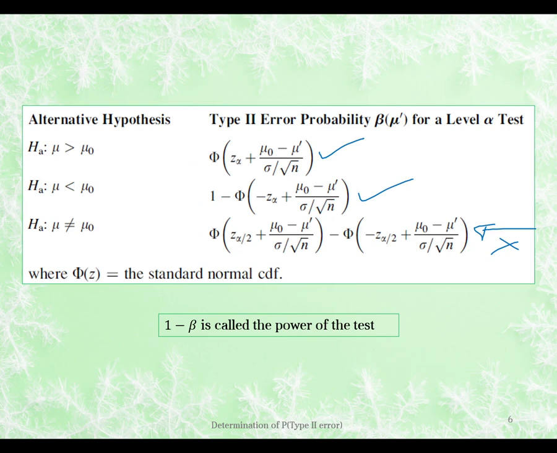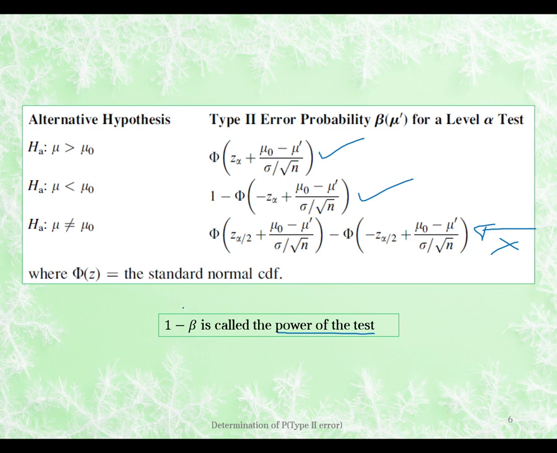Then one extra little bit of information: if we say 1 minus beta, that is called the power of the test. That is a very important concept in statistics as well. If you think about it, beta is the probability of not rejecting the null when the alternative is true. So 1 minus beta tells us how powerful the test is.